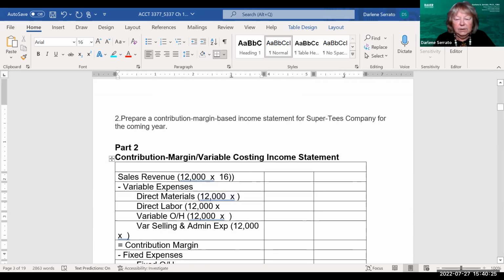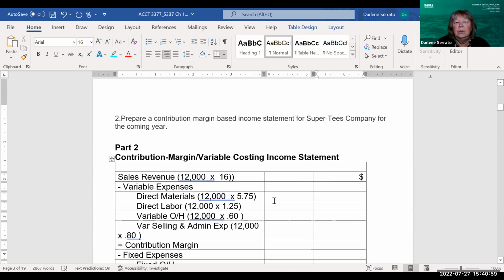Direct materials is 5.75. Direct labor is $1.25. Variable overhead was 0.60. Variable selling and admin is 0.80.